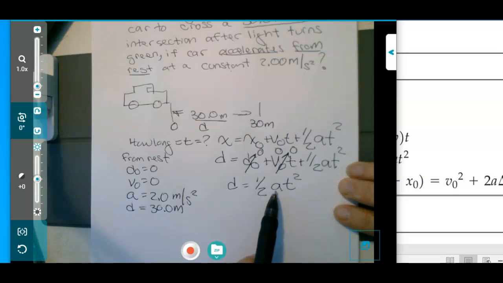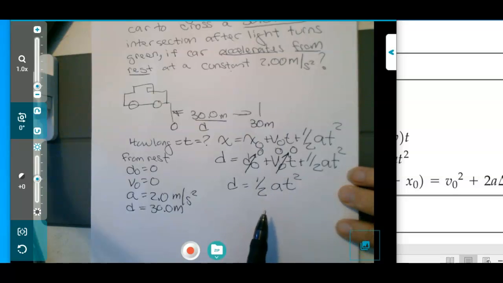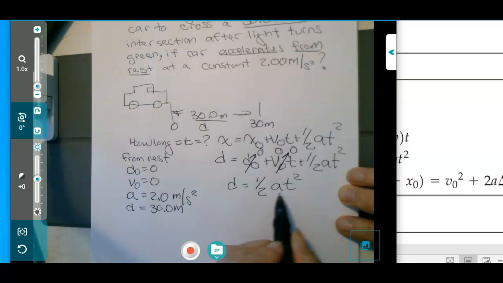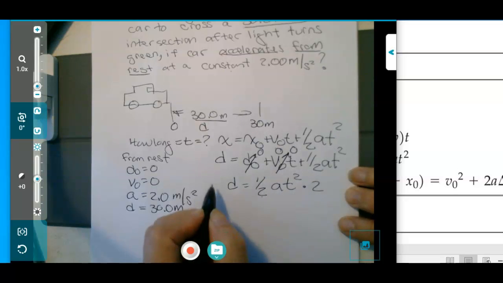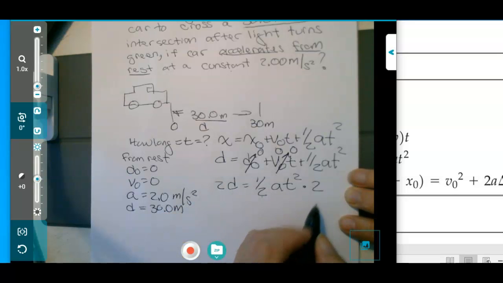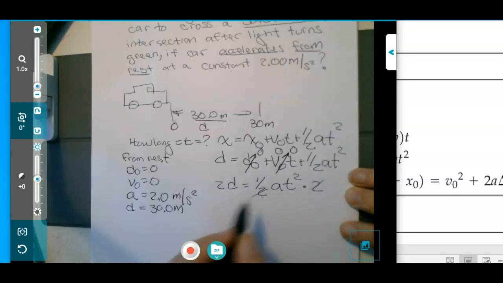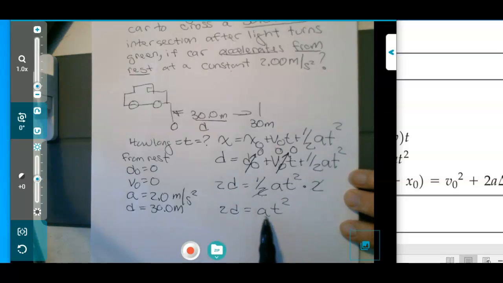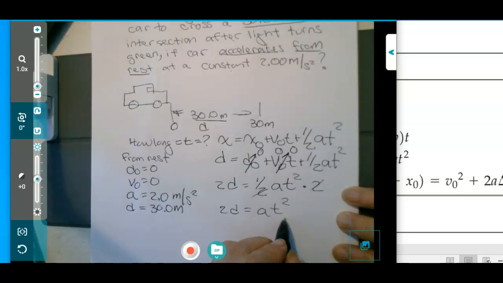Much more manageable. And now I'm going to rearrange the equation so I get t equals, because I have my final d and I have my acceleration. So first thing I got to get rid of is this 1/2. So if I'm dividing by 2, I'm going to multiply by 2. And so then this gets rid of this 2. So I have 2d equals at squared. I want t to be all by itself. It's being multiplied by a, so I'm going to be dividing by a.